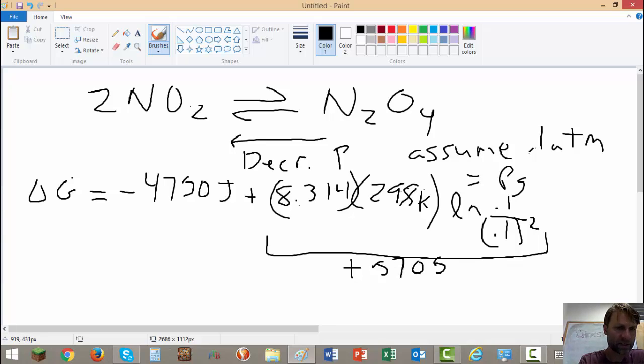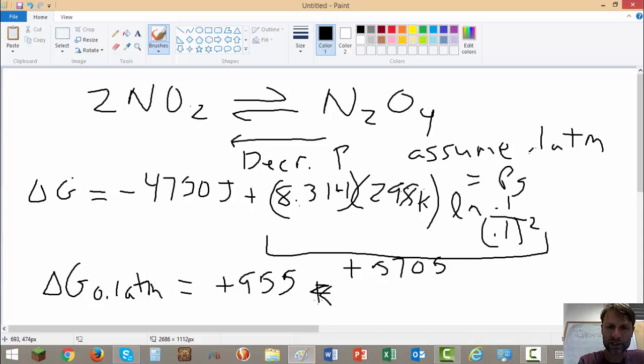This is enough to offset delta G0, and so delta G at 0.1 atmosphere equals plus 955 joules, sorry, just joules, and this means that the reaction shifts to the left as was predicted by Le Chatelier's principle.